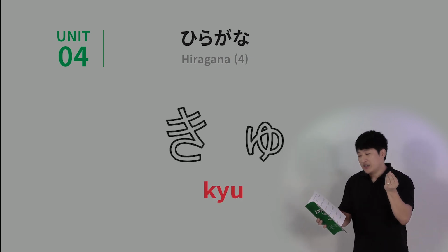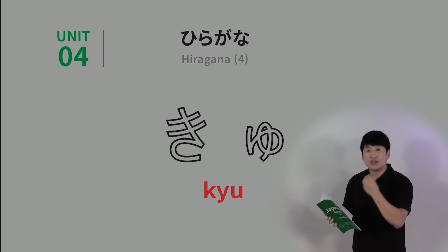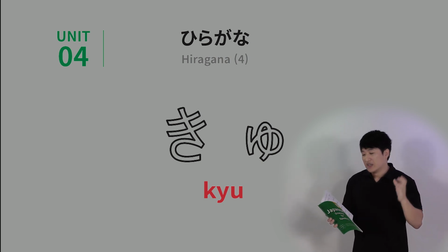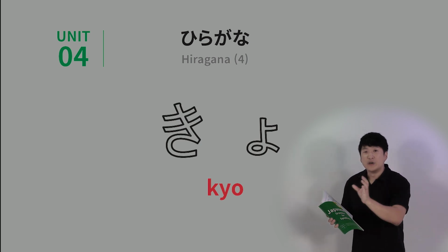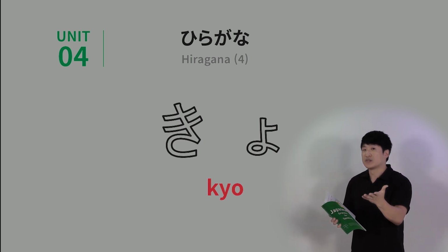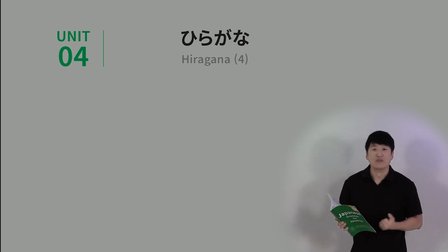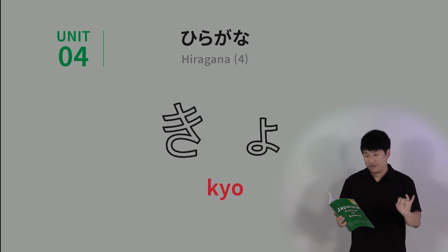And ki and yu: kyu. Next one, ki and yo: kyo. So we want to read this like kya, kyu, kyo.